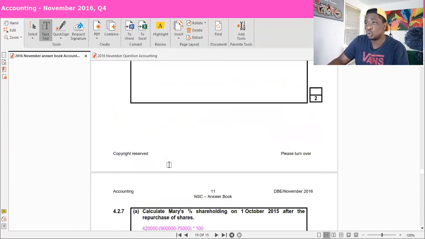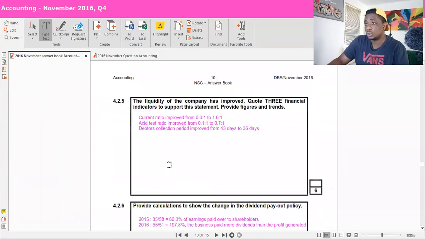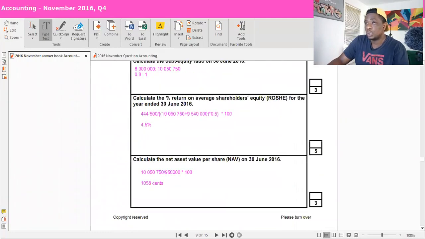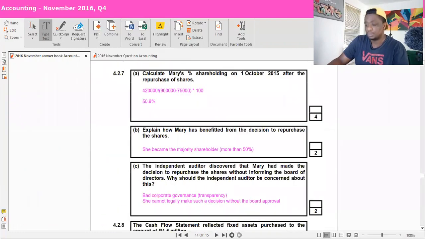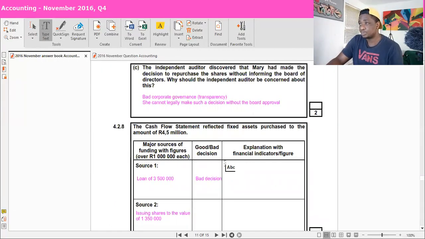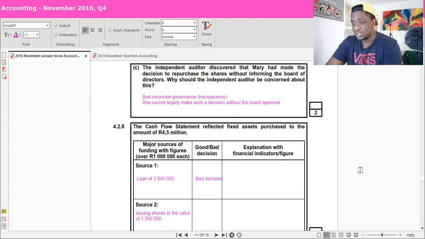Let me just show you where we calculated the debt equity ratio. We calculated the debt equity ratio to be 0.8 is to 1. So it increased the financial risk, the financial gearing. I would say the financial risk of gearing went from 0.5 is to 1 to 0.8 is to 1.